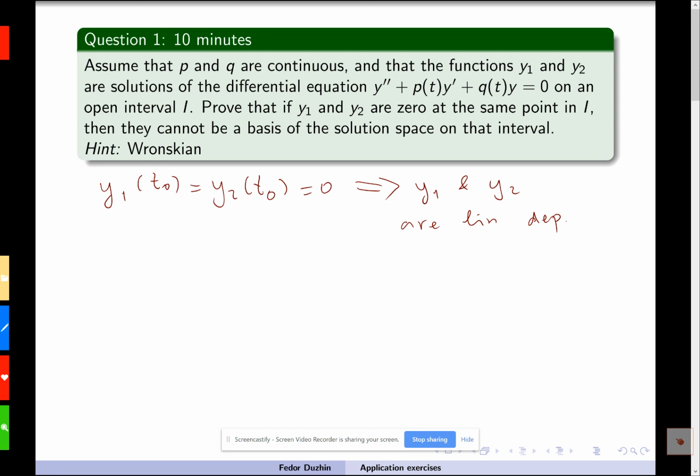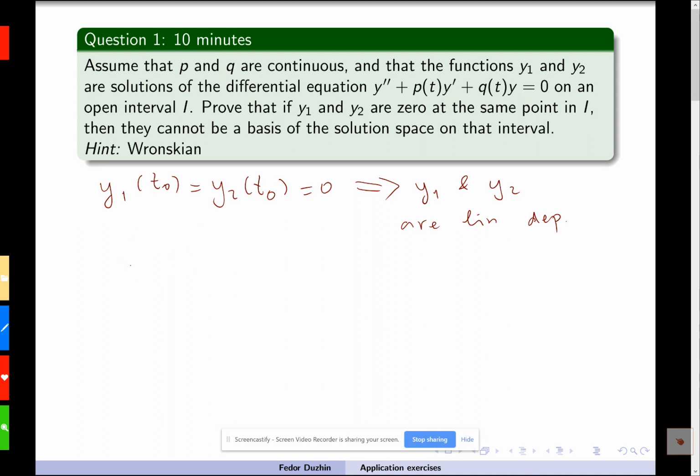So this is something like saying that vectors 0, 1, 0 and 0, 0, 1 are linearly dependent because the first entry of both of them is 0, right? So this is wrong.